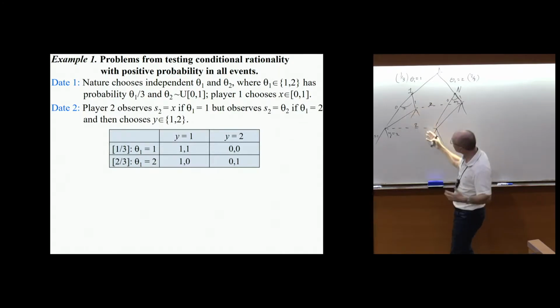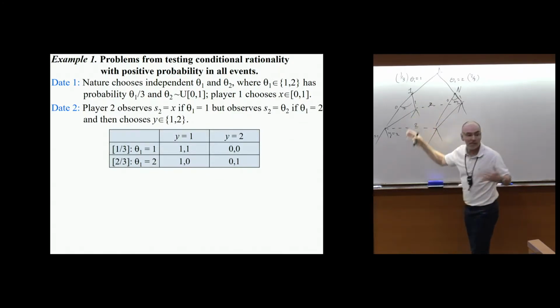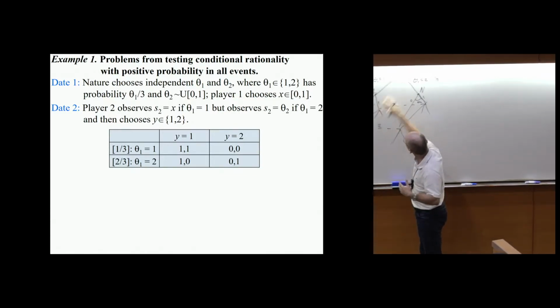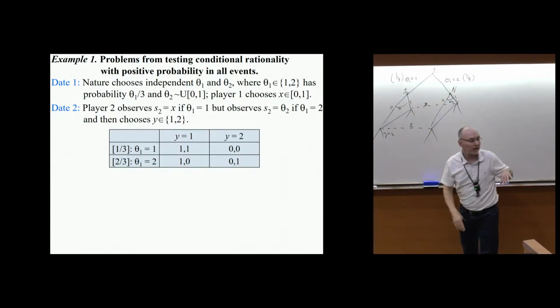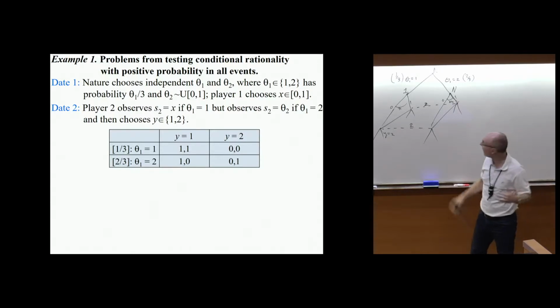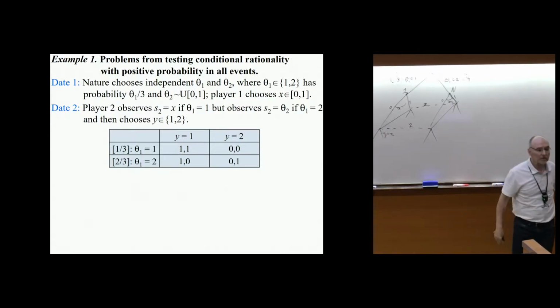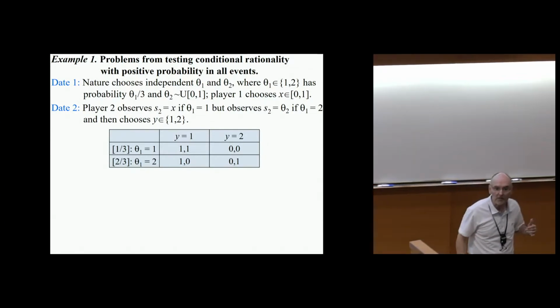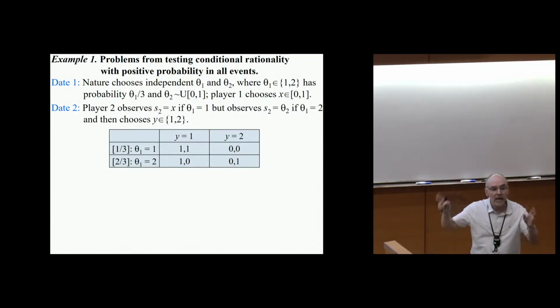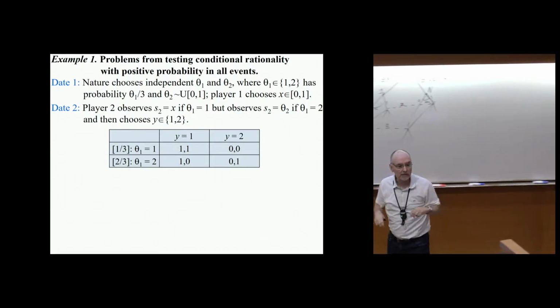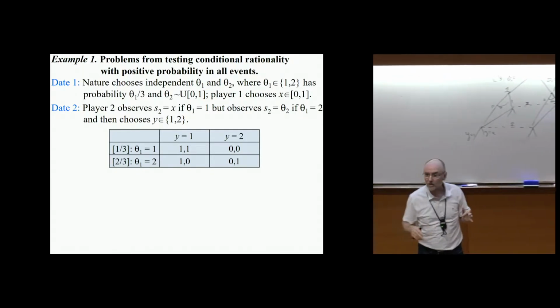So player 2, when she sees x equals a half, will know this must have happened. It must be state 1, so I will play y equals 1 when I see x equals a half. But if anything else, I'll know we were over here, and I'll choose y equals 2. That's also a perfectly fine equilibrium, and you can see how you could construct other such nice equilibria that you might want to call sequential equilibria.